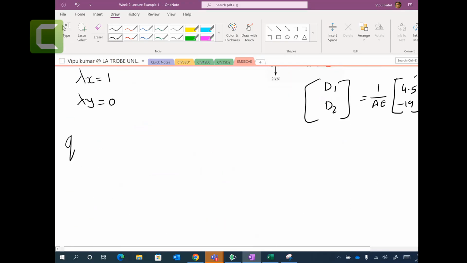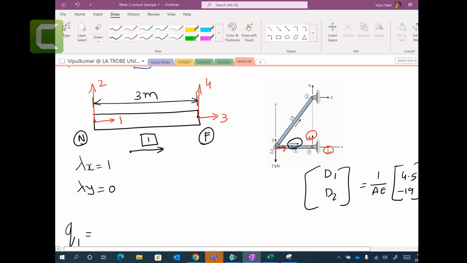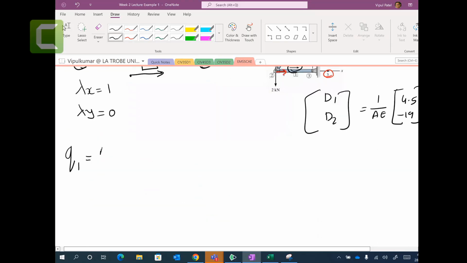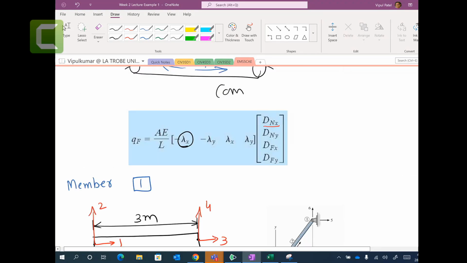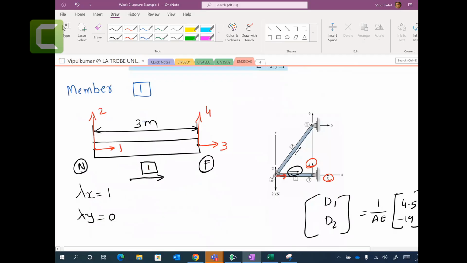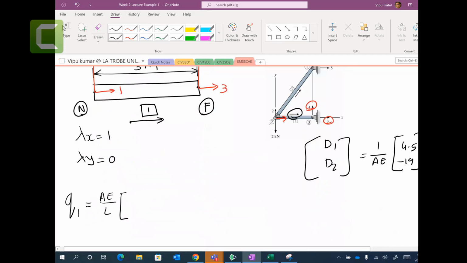Let's say Q1, small q, is equal to AE over L times minus lambda x, minus lambda y, positive lambda x, lambda y, multiplied by near node x, near node y, far node x, far node y. Right?